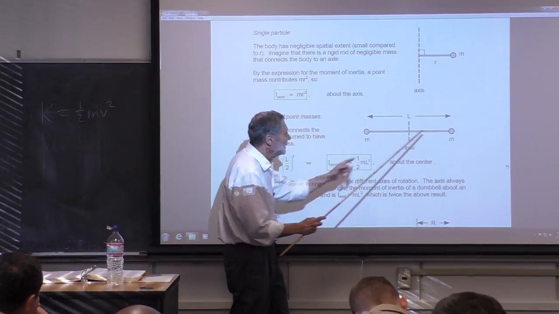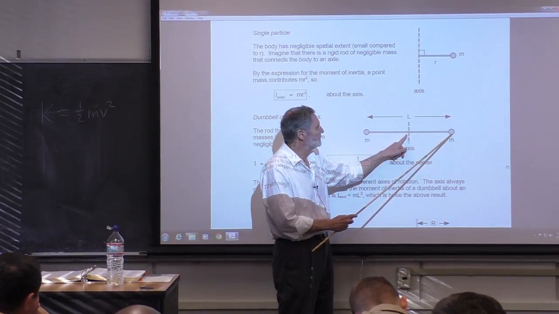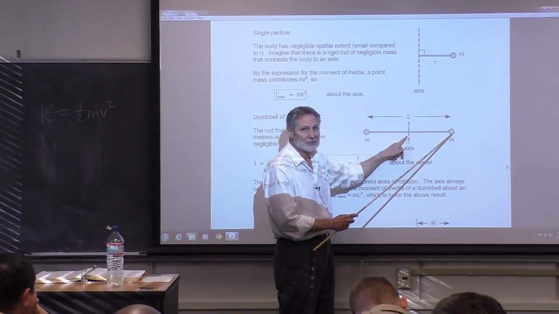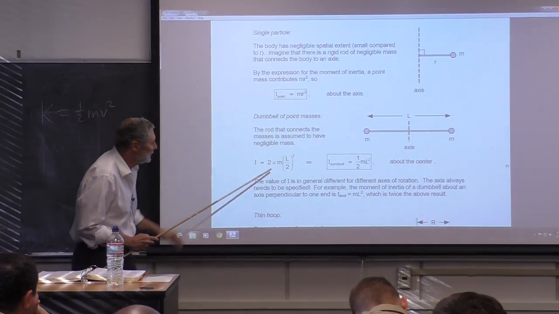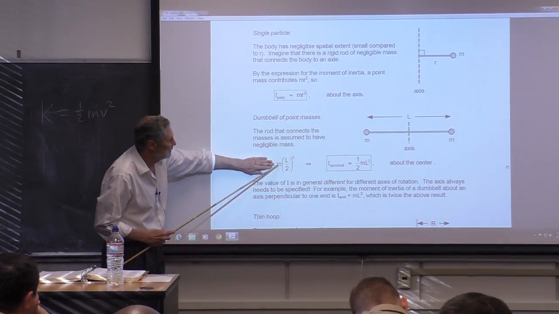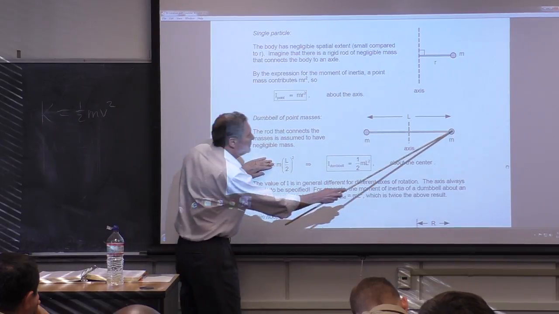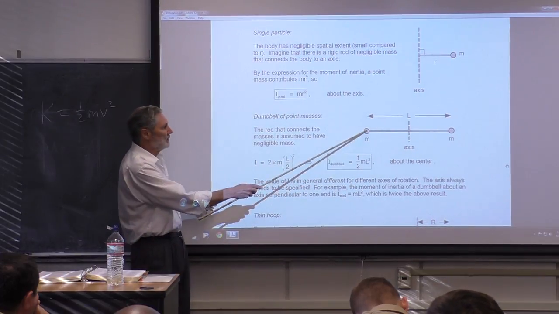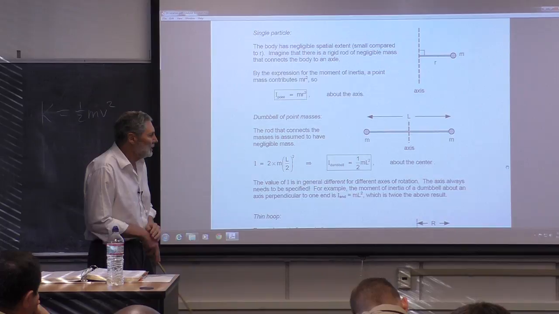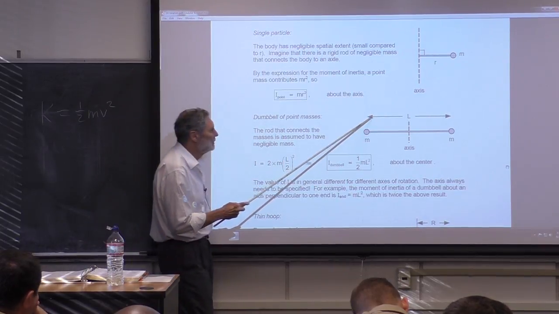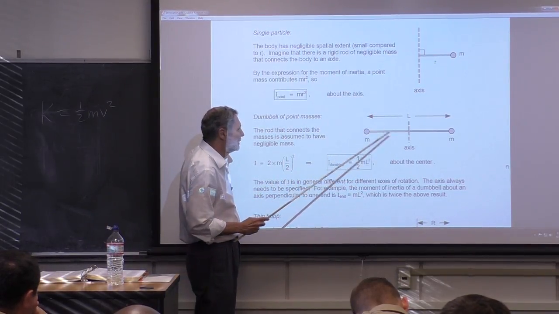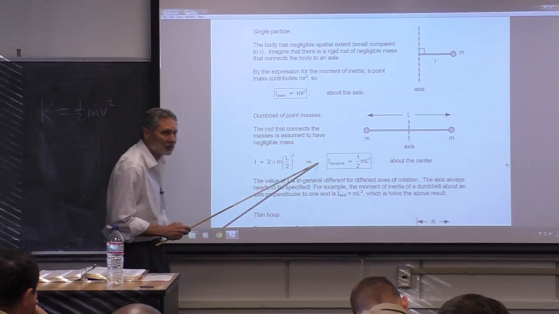The distance between here, this distance is not L, it's L over 2. So when I look at one mass, I'm going to get the mass times L over 2 squared, and then I'm going to double it because I have the identical one over there. So in the end, in terms of this length L here and the individual masses, this is what we get.